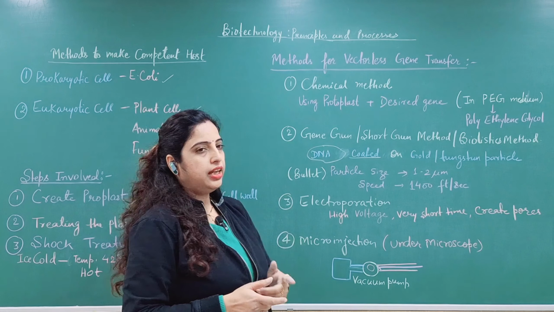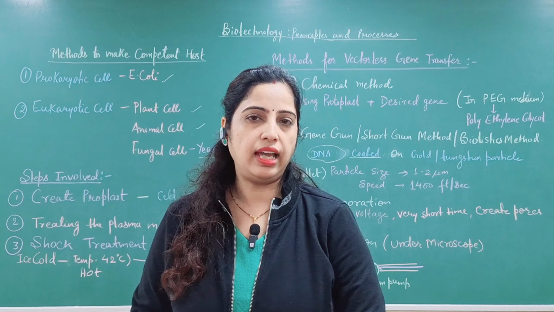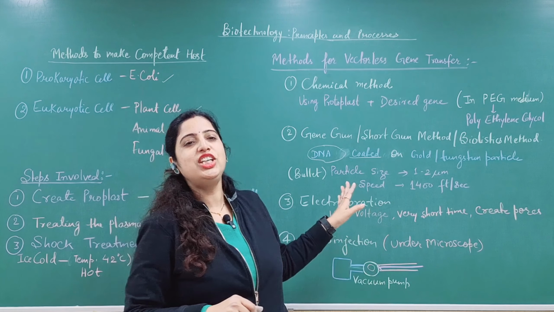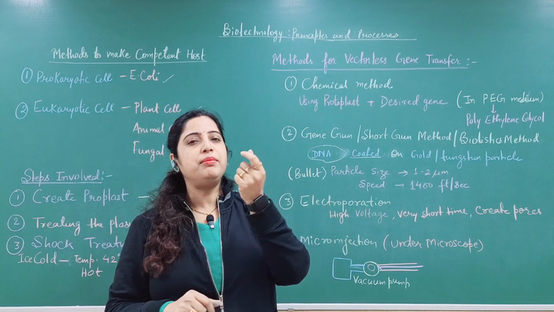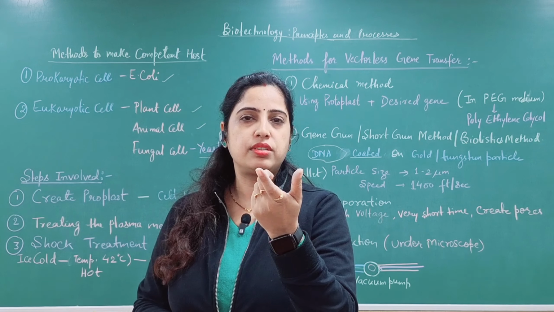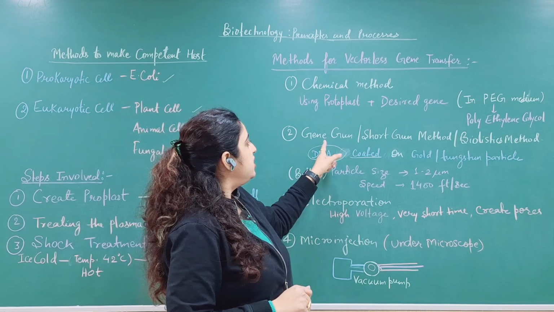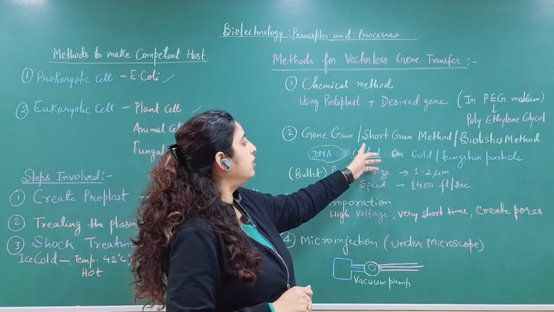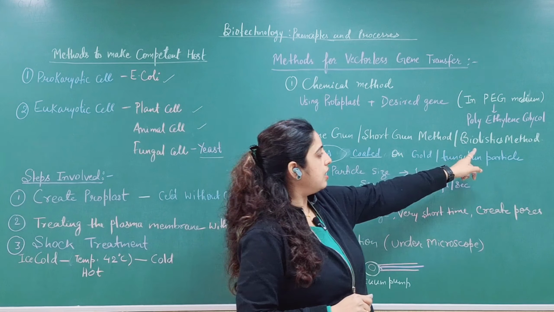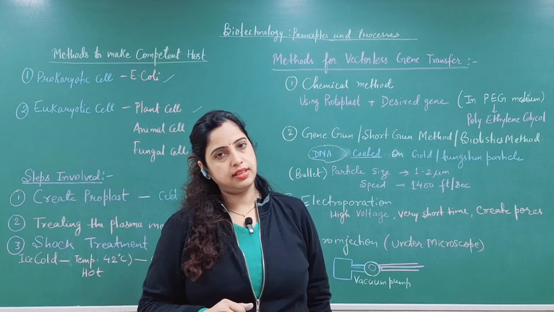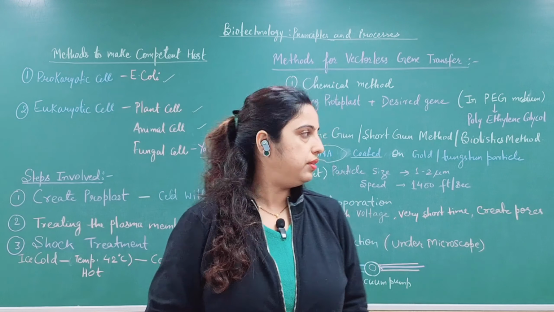And then we have a gun, not the actual gun. It's the gene gun. We are dealing with very micro molecules. So, gene gun or shotgun, the question was asked on this term, biolistics. So this is also called biolistic.